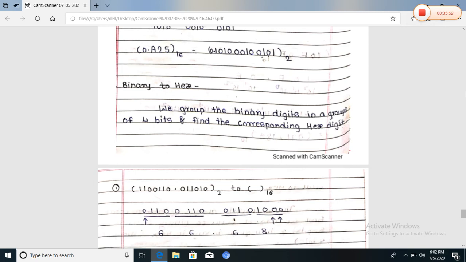After that, this is a point. From the point we have to start the grouping. 0110, this is 4 bits. The next group is 011, which is not complete, so to complete the bits we add a 0. So we complete it as 4 bits.